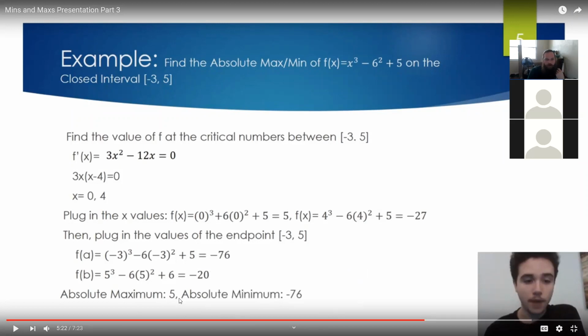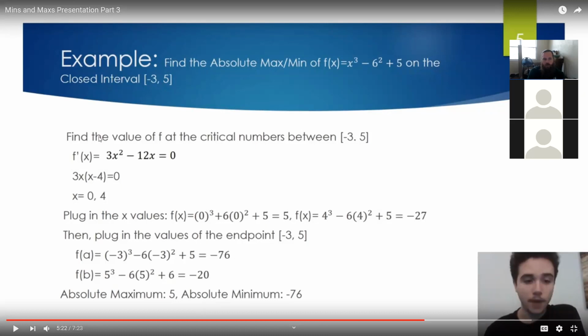So the absolute max is 5, and it occurs at x equals 0. And the absolute min is negative 76, and it occurs at x equals negative 3. There are some little notation issues here, so I just want to make sure everybody's comfy. It's difficult to typeset mathematics, and even when we look at it, I did review this, I don't think I caught these little issues last time we reviewed this.